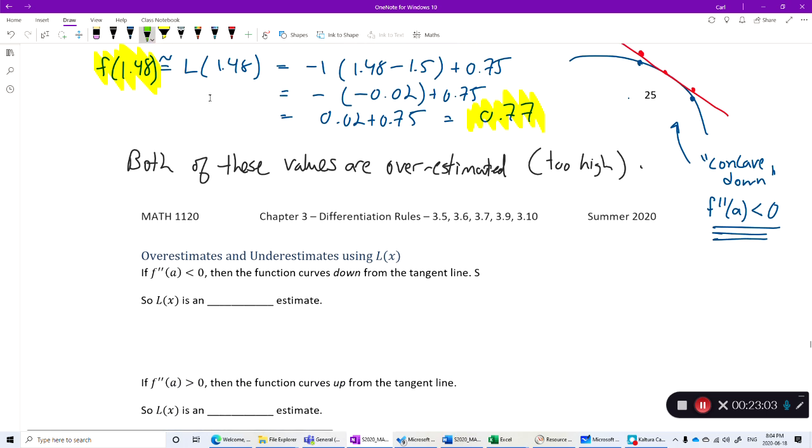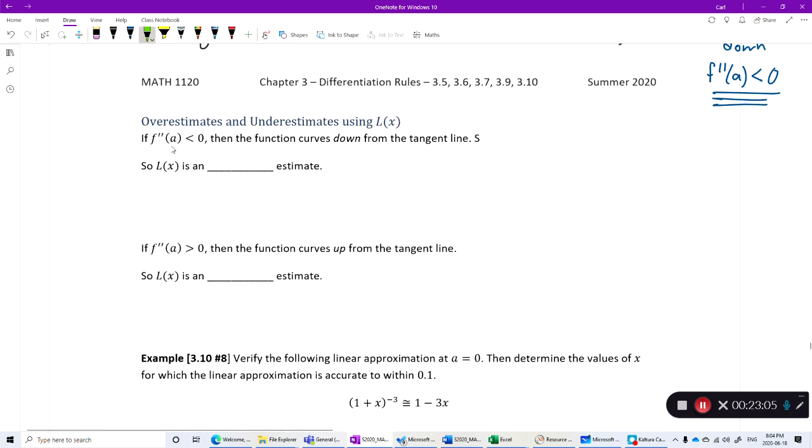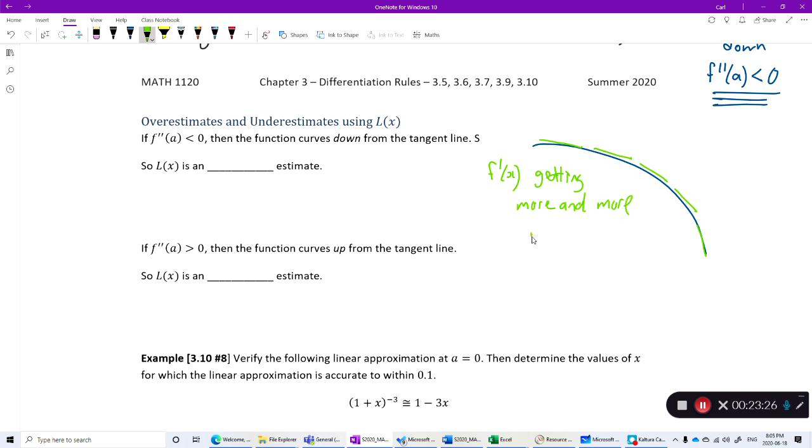So let me draw that here maybe. If I have a function that's curving down like that, what's happening to the slope? The slope is getting more and more, f prime of x is getting more and more negative in this picture, which is the same thing as saying it's decreasing.